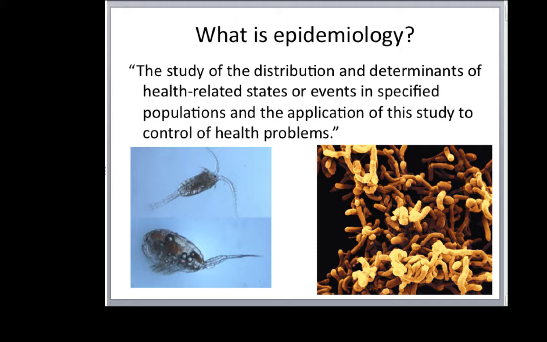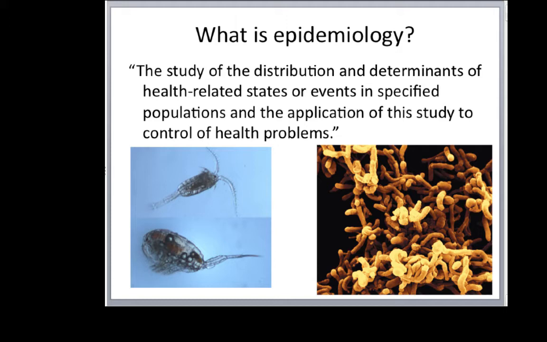We also talked about determinants of that particular health-related event or state or disease, right? So that's really anything that's a cause or could be linked to a cause, associated with a cause of that particular disease, in this case, cholera. So the most important determinant is the bacterial pathogen, the germ that causes cholera, and that's Vibrio cholerae, right?